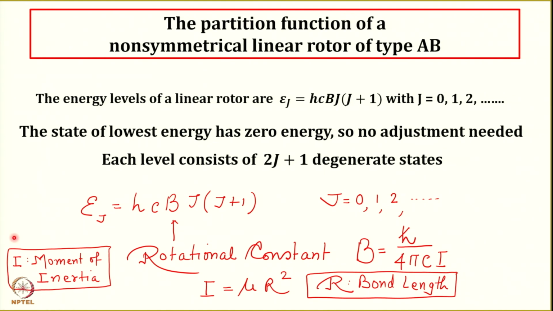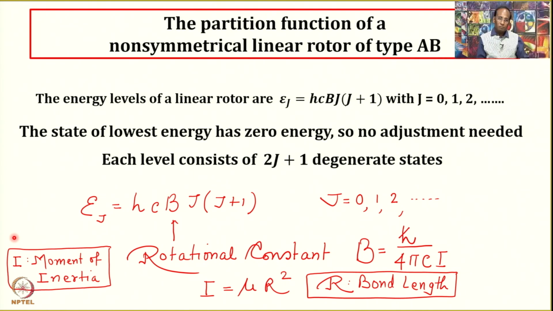When we write an expression for the molecular partition function, what we need is the degeneracy of each level, and we also need the expressions for the energy levels. The expression for the energy levels is here: E_J is equal to hcB J(J plus 1), where h is Planck's constant, and c and B we have just described.